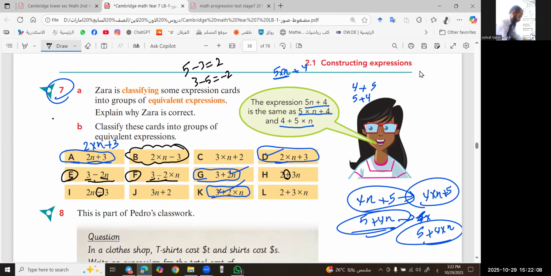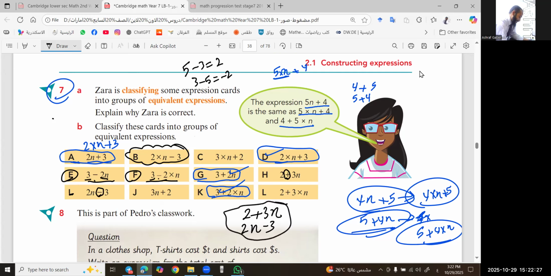For L, like B or like H? H: 2 plus 3n. L is 2n minus 3.